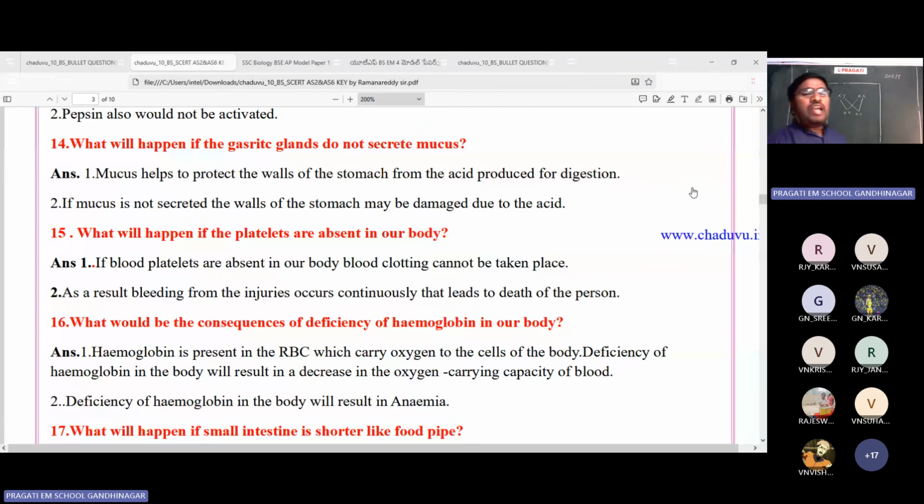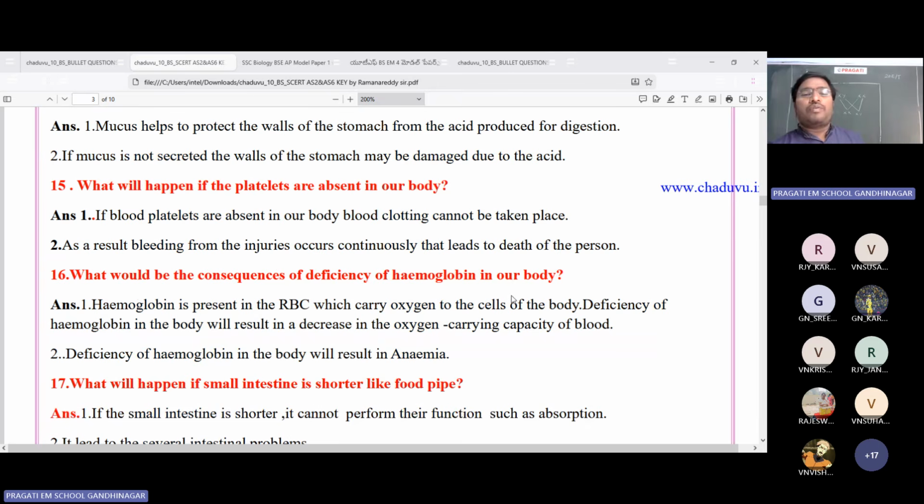What will happen if the gastric glands do not secrete mucus? Mucus helps to protect the walls of the stomach from the acid produced for digestion. If mucus is not secreted, the walls of the stomach may be damaged due to the acid.